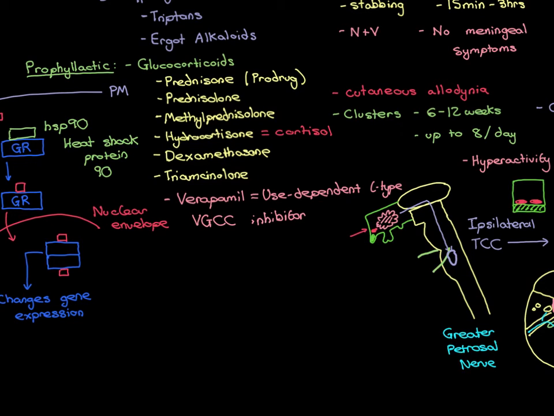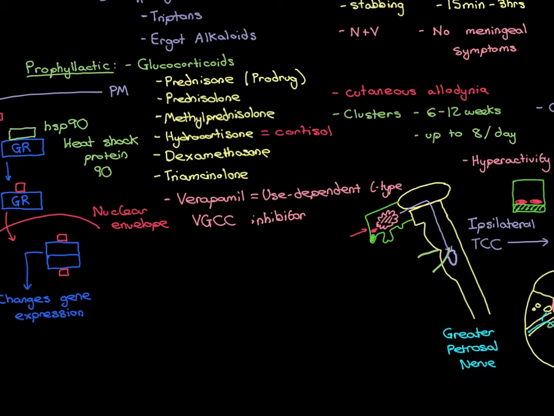So what does that overall mean? That means that if we had a neuron that was using L-type voltage-gated calcium channels to produce the upstroke of its action potential instead of voltage-gated sodium channels, then Verapamil would stop those neurons from firing at all if they were firing too rapidly.